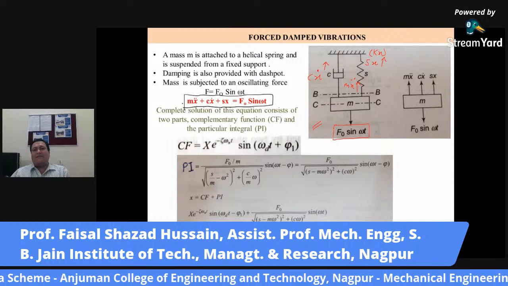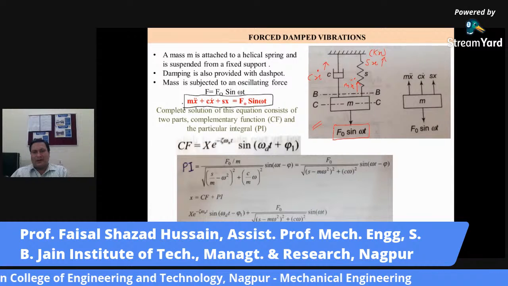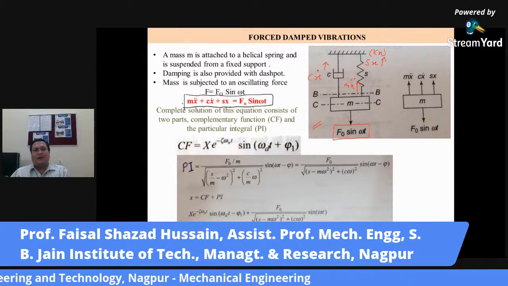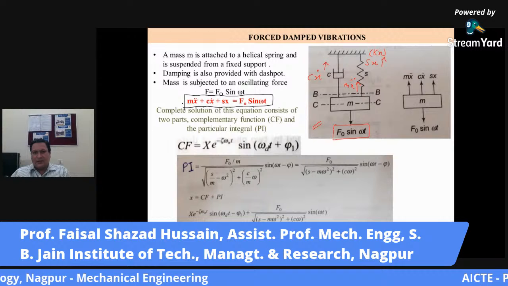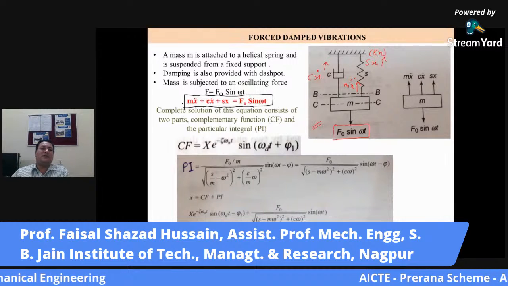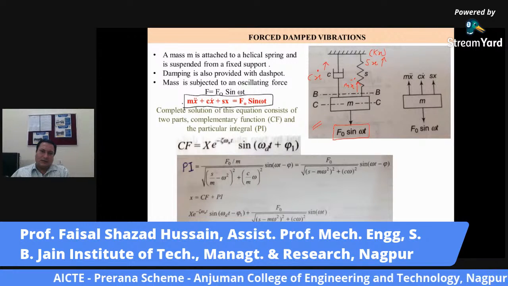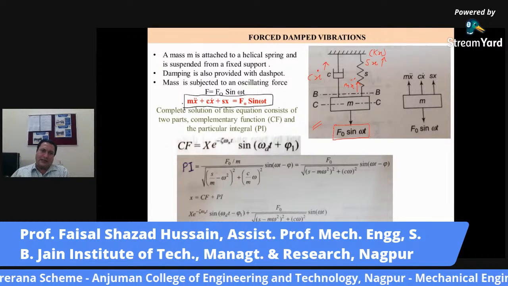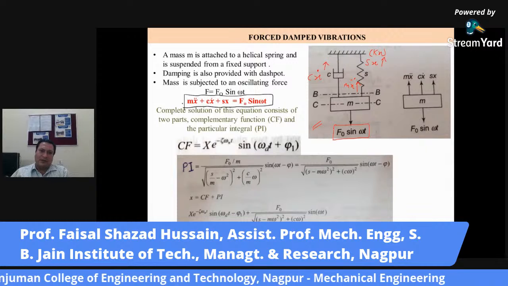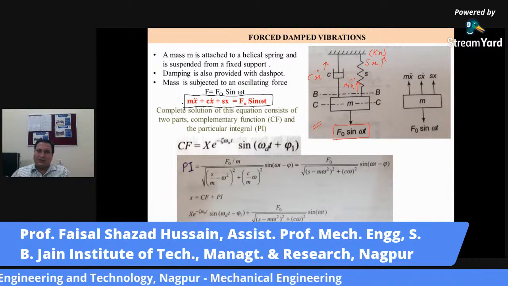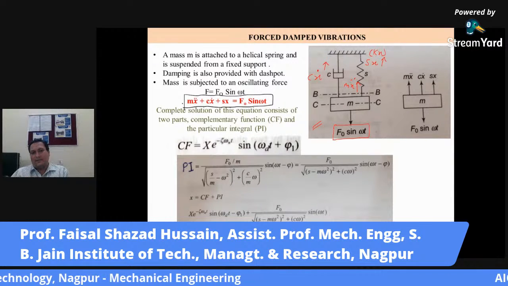And in the previous slide we have discussed that it is a simple harmonic forcing concept. So the solution for this equation will be in two parts, that is, the complete solution will be CF, complementary function, plus particular integral.